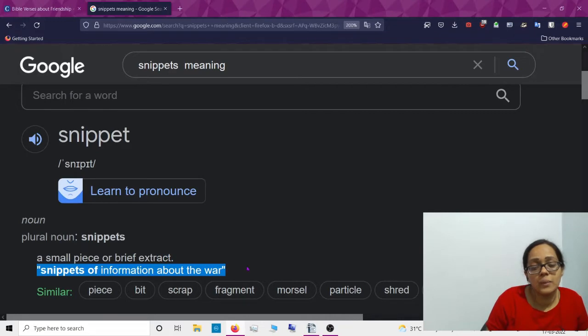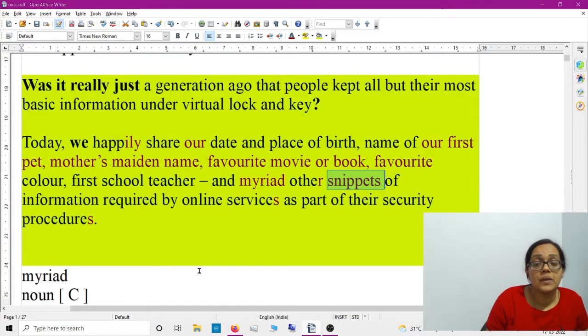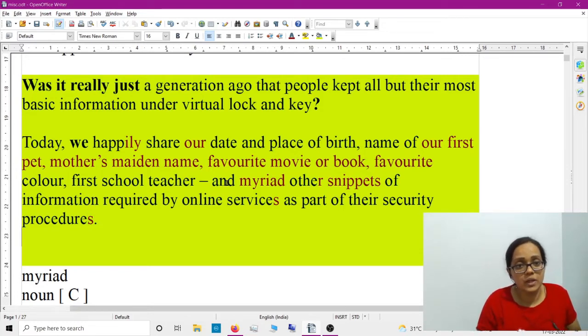Snippets of information about the war. Small piece, it's not detailed, brief. That's the meaning. Snippets of information, brief small pieces of information. So myriad other snippets, several other small pieces of information required by online services as part of their security procedures. So we studied two vocabulary words over here.